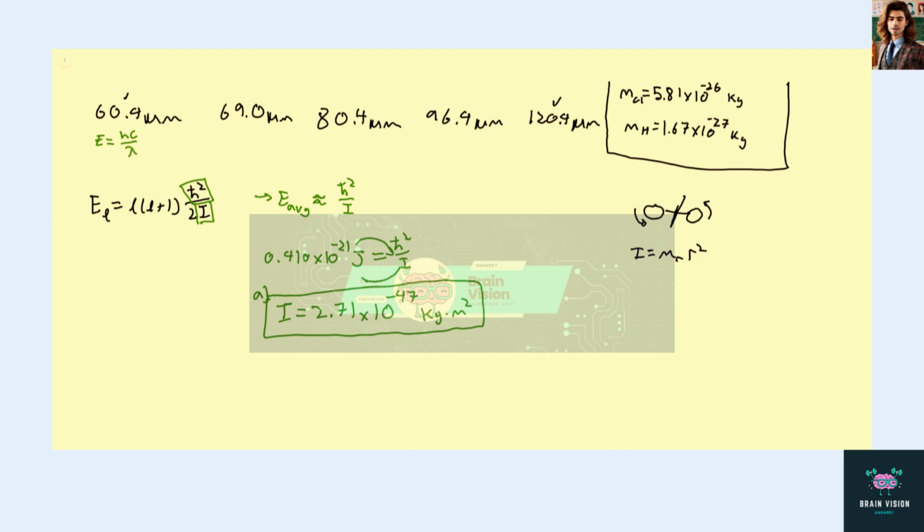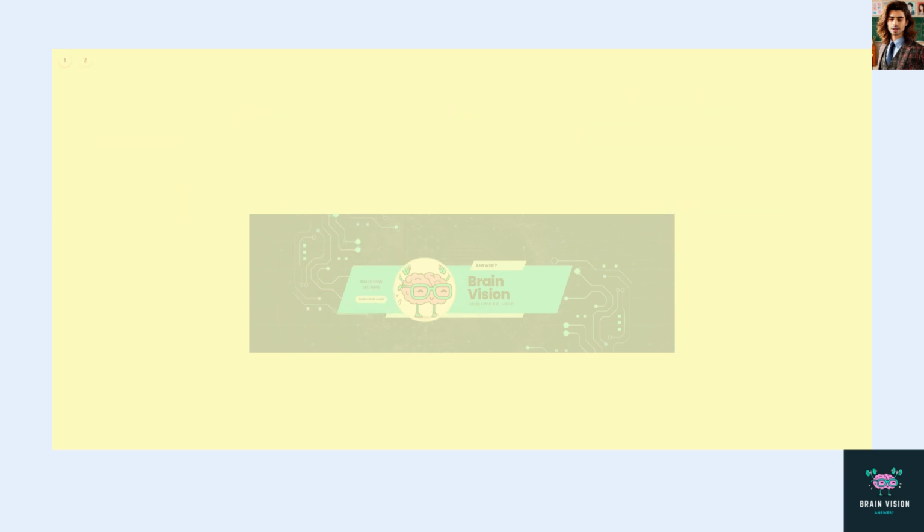And it wants to find what value of L for the upper level of the transition gives rise to each of these wavelengths. So for this one, we can leave this page for now, but we'll leave the wavelengths written here just to do a little bit of scratch work on a new page.